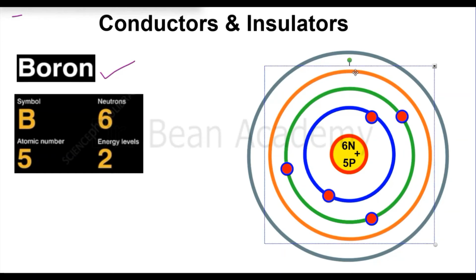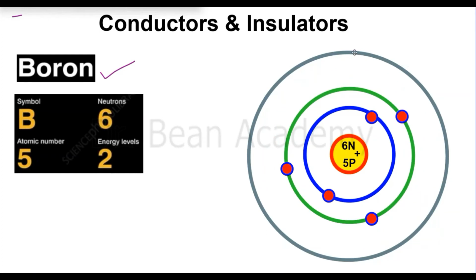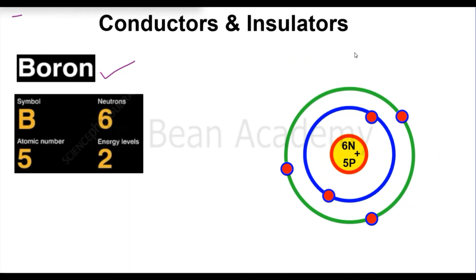And here the atom ends, so I don't need to show the outer orbits, and this is the atom of boron. There are 5 protons in the nucleus, 6 neutrons are also in the nucleus, and 5 electrons are distributed in the orbits like this. I put 2 electrons in the first, and then the remaining electrons should be in the second. And we know that there should actually be 8 recommended, and for maximum stability there should be 8 electrons in the second orbit.